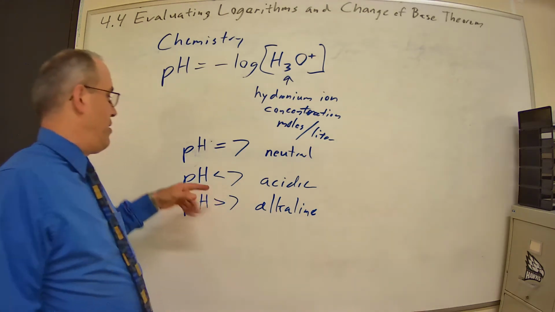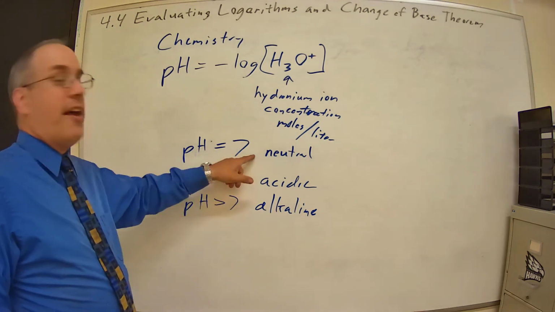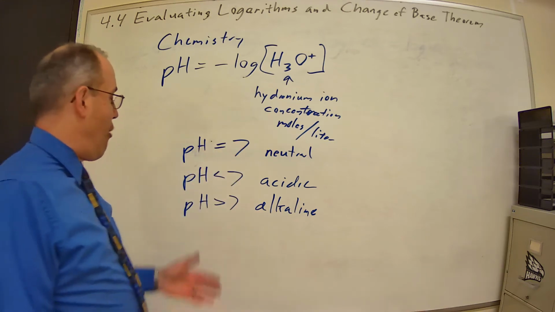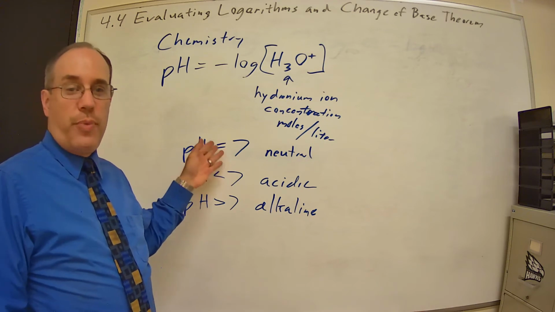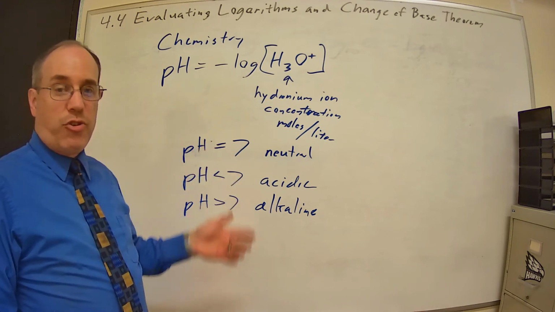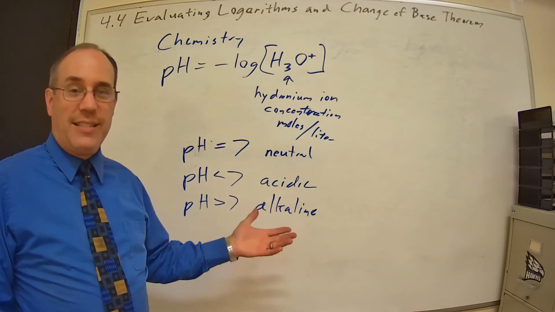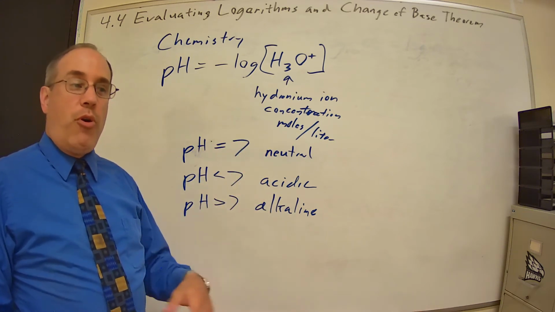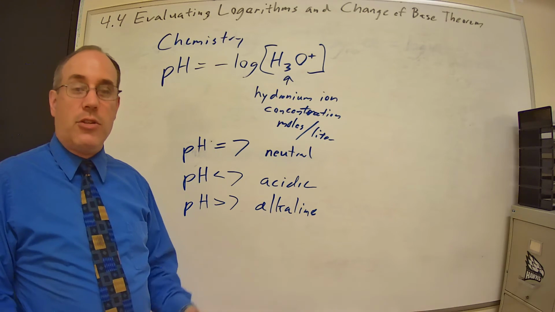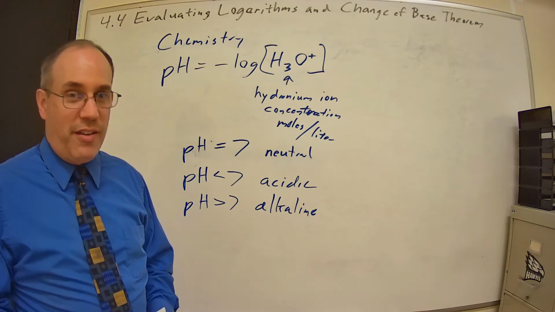You have an acid, a base, and neutral. Now, how far away you are from this neutral pH of 7 determines how basic or how acidic that substance is. The more acidic or more basic, the more dangerous for you.